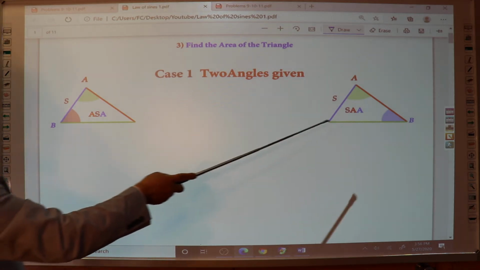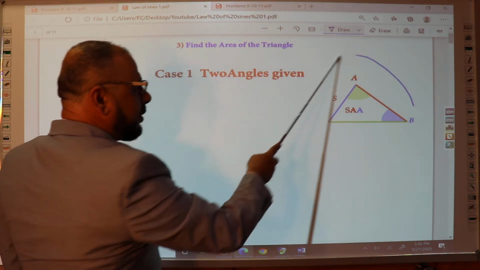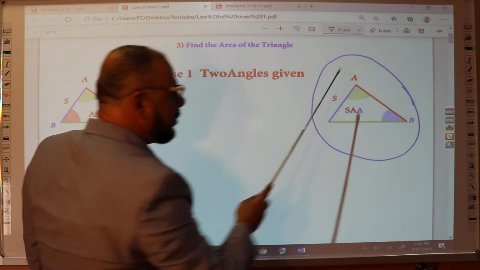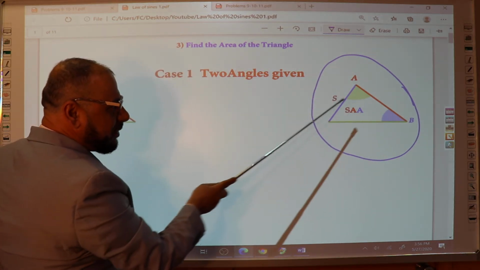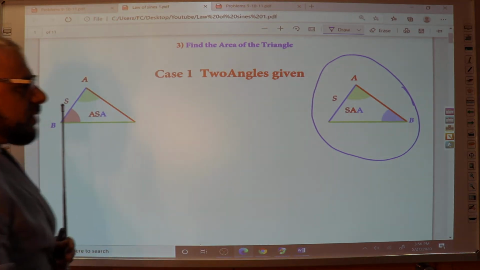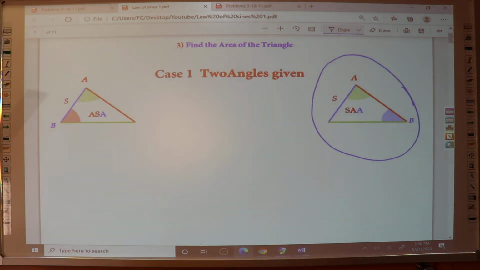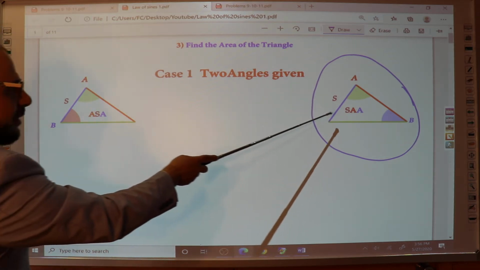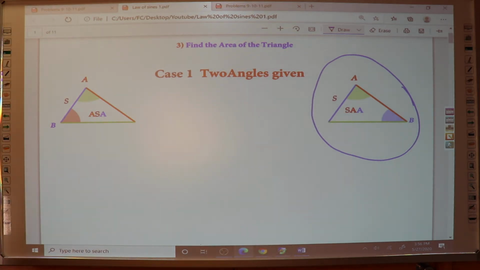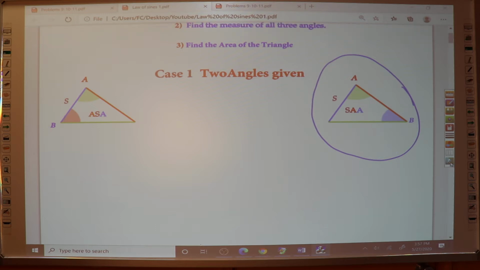The second case, we're going to have this one, which is what we have here, guys. We have a side that is away from the angle, but almost the same. An example for this is when the side is not in between the two angles, but away from the two angles.